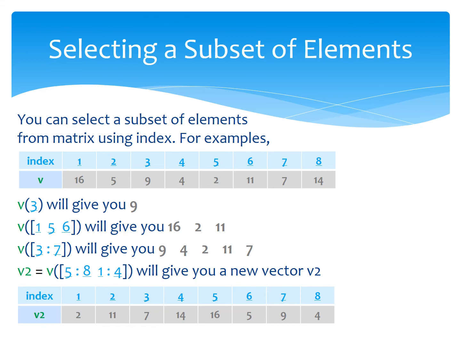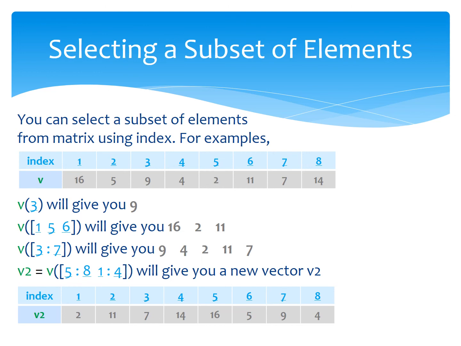V([1 5 6]) will retrieve the content stored at index 1, 5, and 6 in V, which give you 16, 2, and 11. If you enter V([3:7]), this will retrieve the content stored from index 3 to index 7, which will give you 9, 4, 2, 11, and 7.